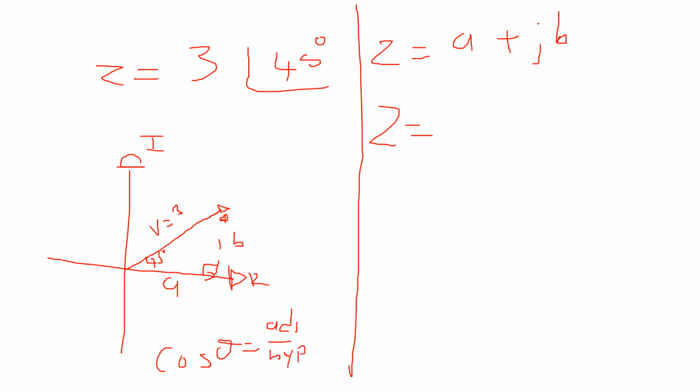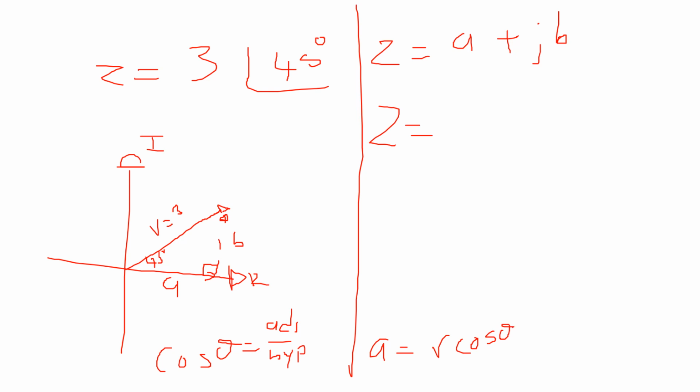So our adjacent side, which is A, is going to be equal to the hypotenuse, which is our resultant, times cos of theta.